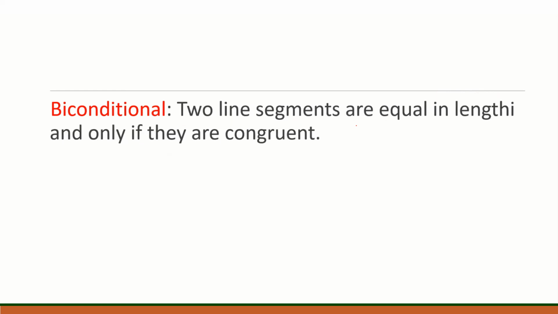For the third example, ang ating biconditional, two line segments are equal in length if and only if they are congruent. Typographical error lang yan. So, tatanggalin nyo lang yung if and only if. Ang ating hypothesis, two line segments are equal.